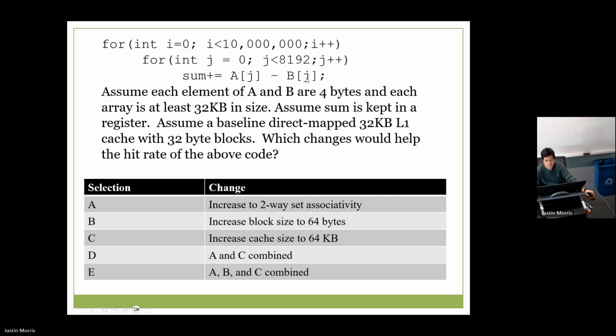Now we have potential to fight if we have direct map. If we have two-way set associativity, one set can hold one stream and the other set can hold the other one, right? So we like A, it would help.